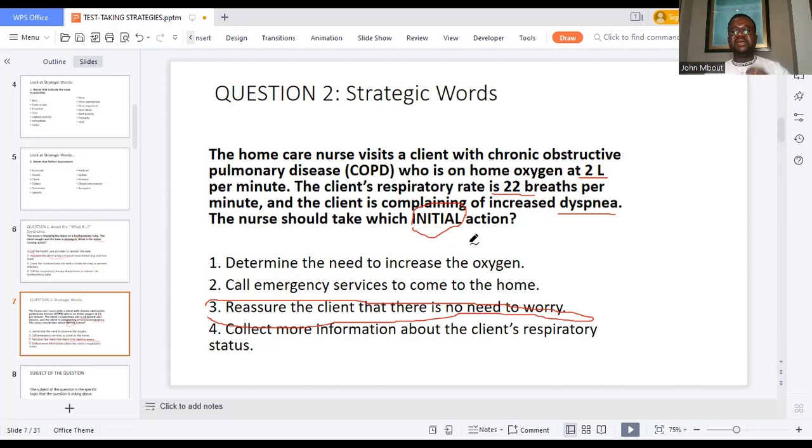Look at the word initial. This word will guide you to the fourth option. Does that make some sense? Yes, Alpha, because the data is not enough to determine to increase the oxygen, and it's not the first action to call emergency service. You have to do something. Second point, number one is not correct. You do not increase oxygen without the primary healthcare provider's order.